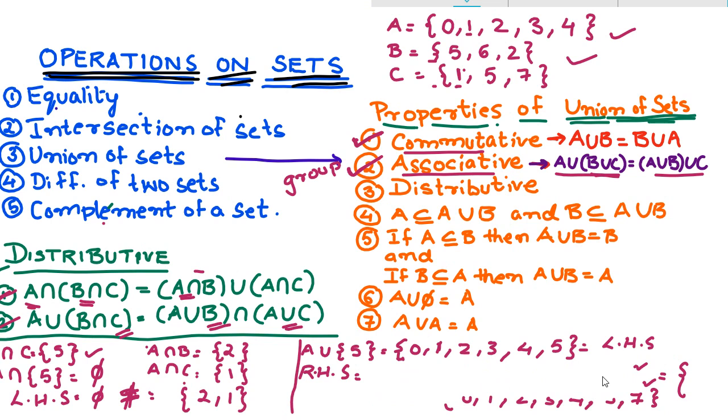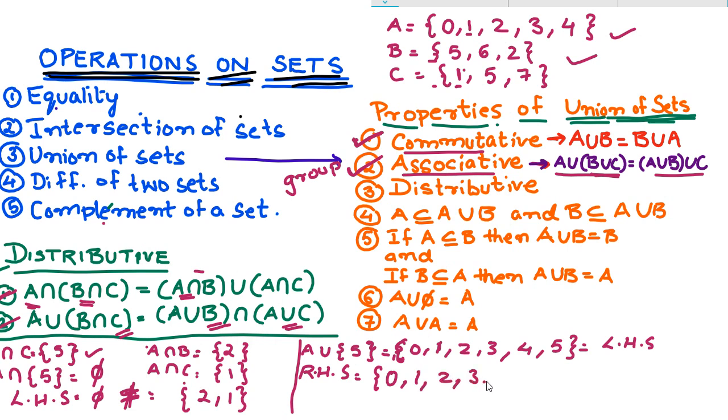So you have a set which is same as the above. So the set goes 0, 1, 2, 3, 4 and 5.